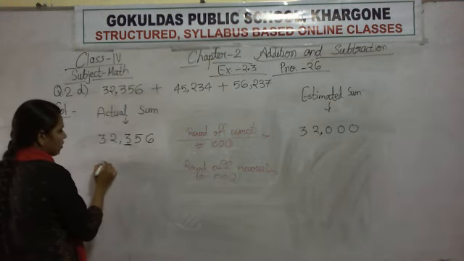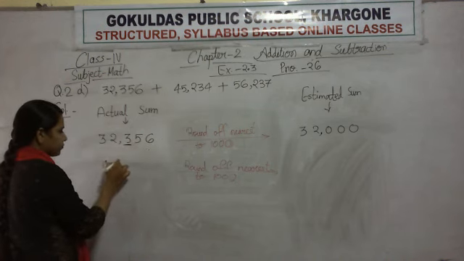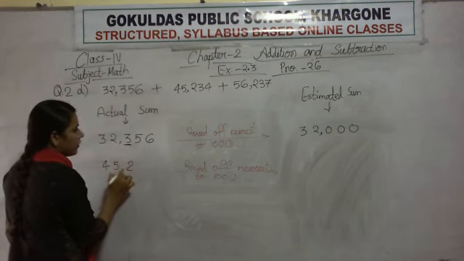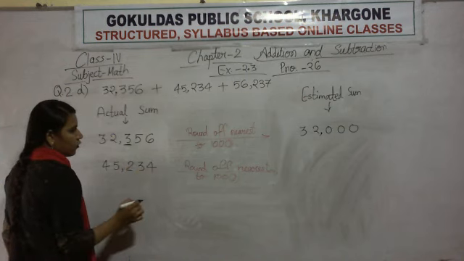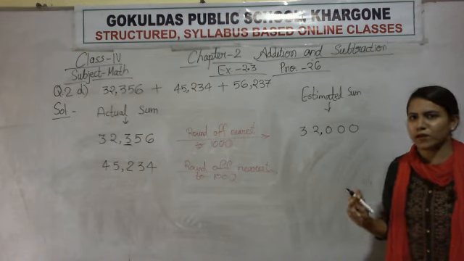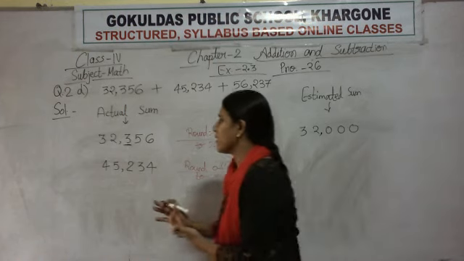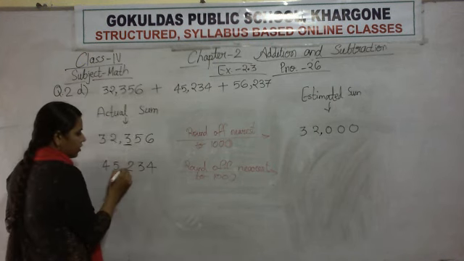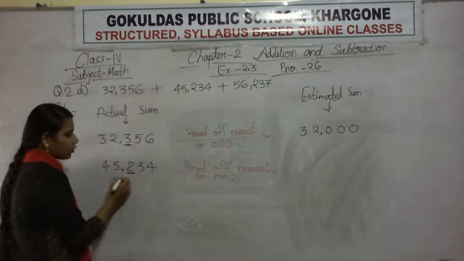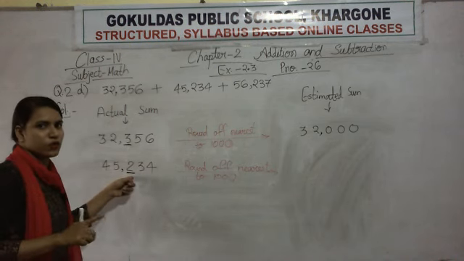Now turn of the next addend. Your next addend is 45,234. Now round off this number nearest to 1,000. For rounding off number nearest to 1,000, what we do? We check the hundreds place digit. When you check, you see that here 2 is there at hundreds place. As 2 is there, according to rule, what we do?